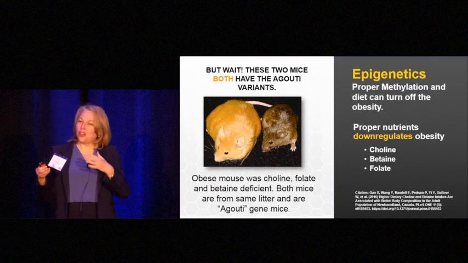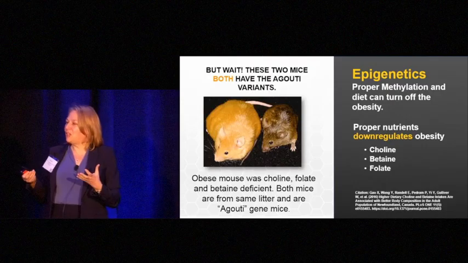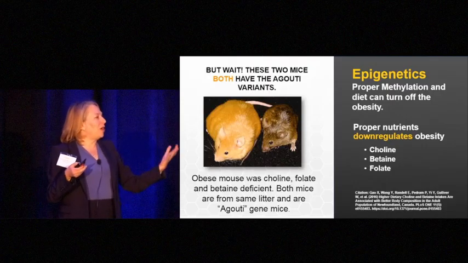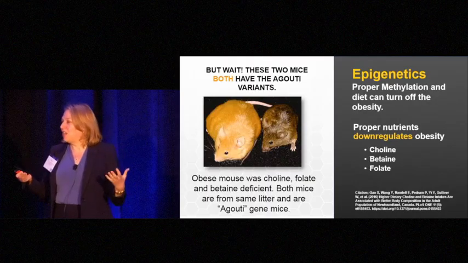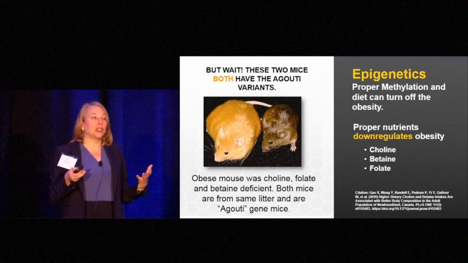So it just goes to show you, on a very basic level, even knowing what foods your patient needs, or if they can't get it through diet, to get enough choline and folate and betaine is really important.